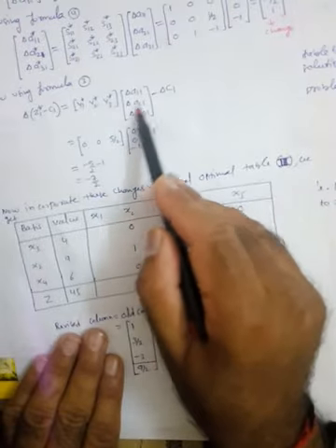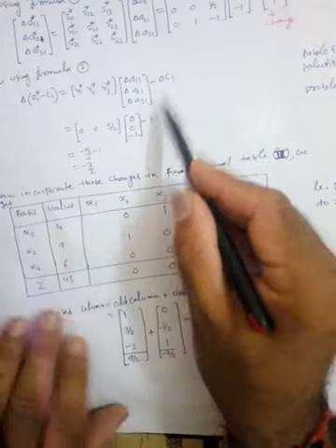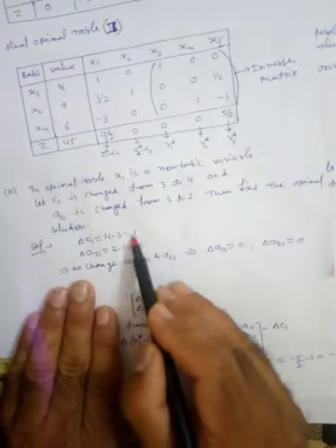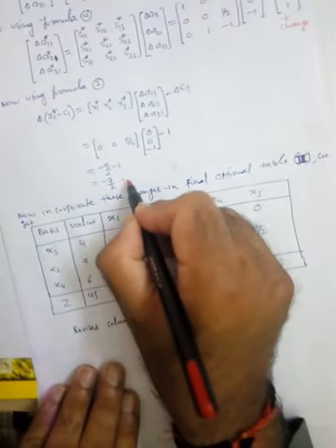Multiply by delta a1, delta a2, delta a3, which is 0, 0, minus 1. Minus delta c1, which we have already evaluated: 4 minus 3 is 1. Substituting these values, we get minus 7 by 2. This is the change.